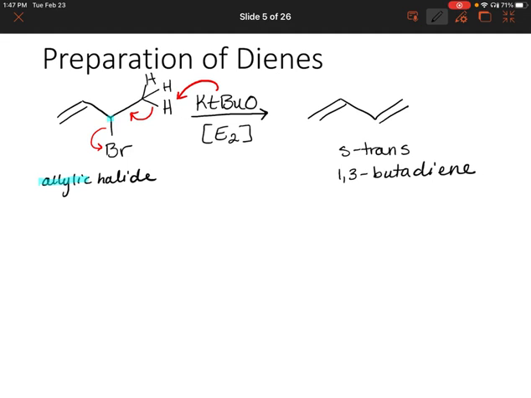Again, this is also the Hofmann product because we used a bulky base to produce the less substituted alkene. Now there is another way that we could make this same product. We could start with a dihalide.